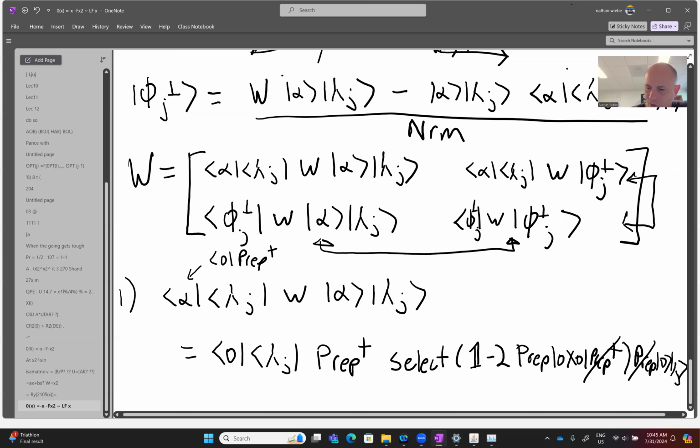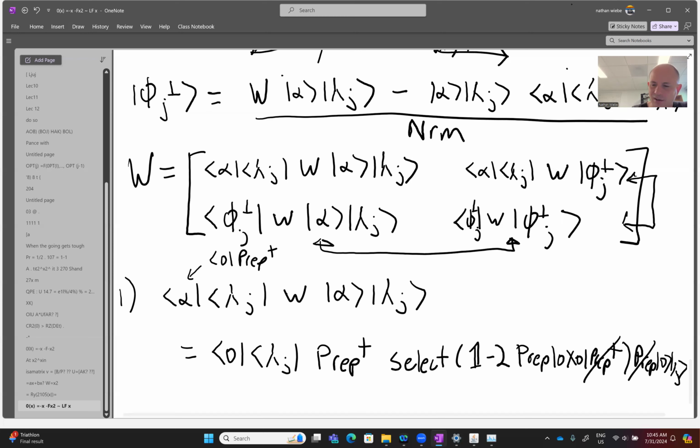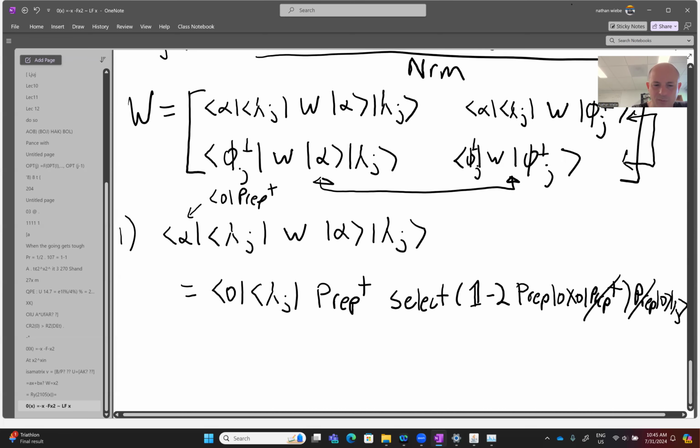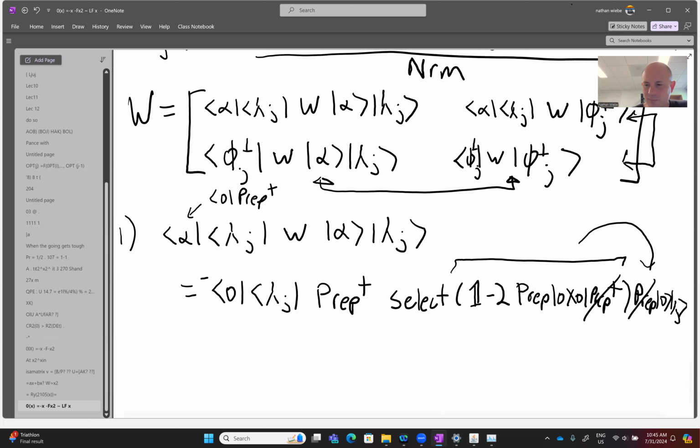Those two terms kill each other. We end up getting that the action of the reflection operator, oh sorry, there's a minus sign here, the action of the reflection operator on 0 will end up giving us just a minus 1.